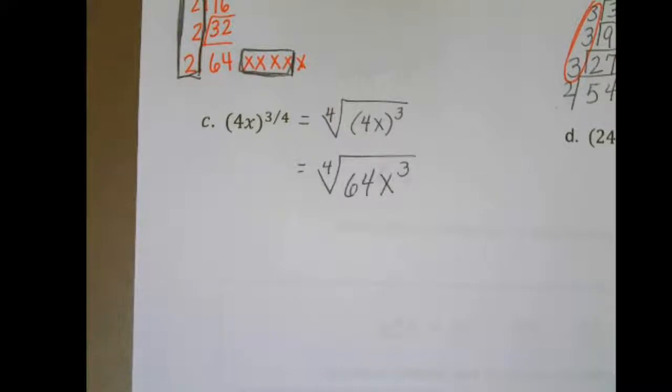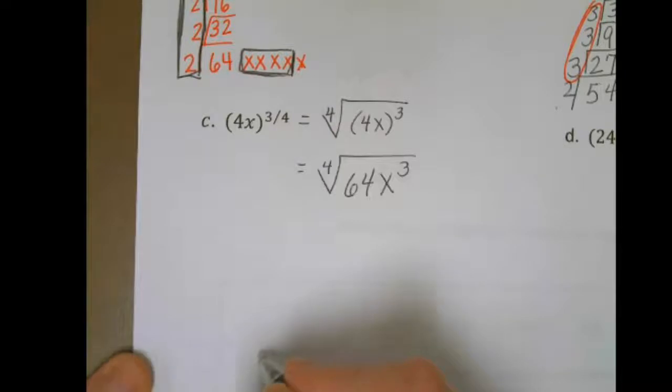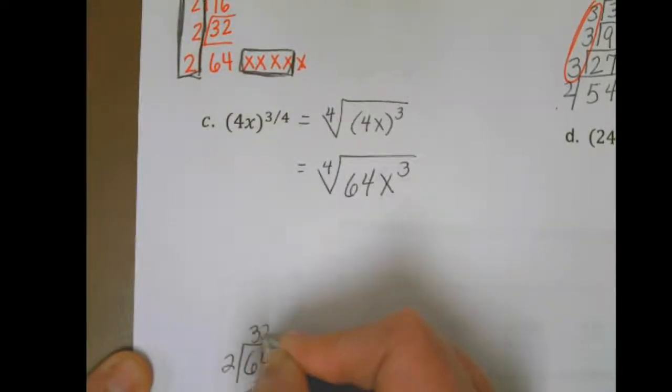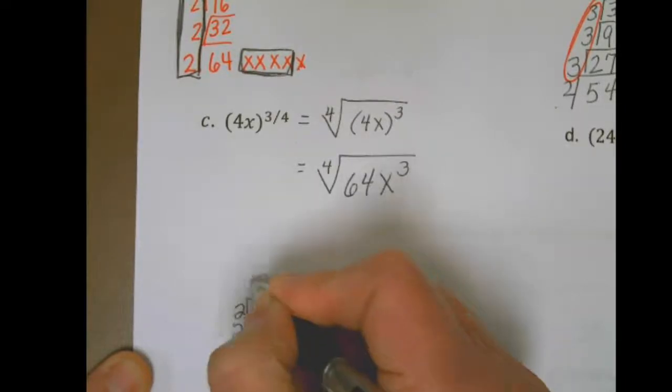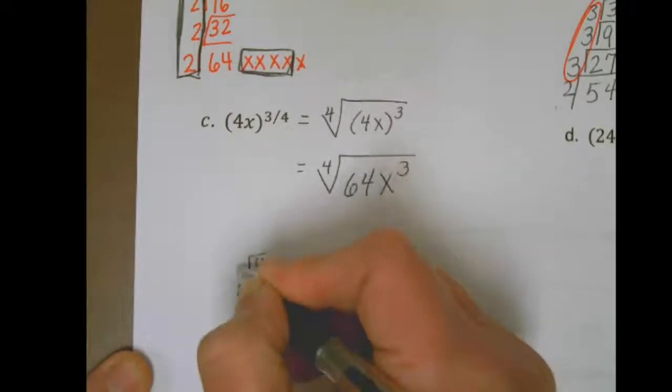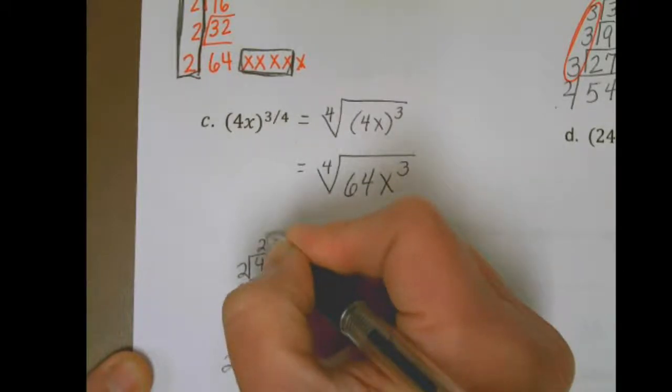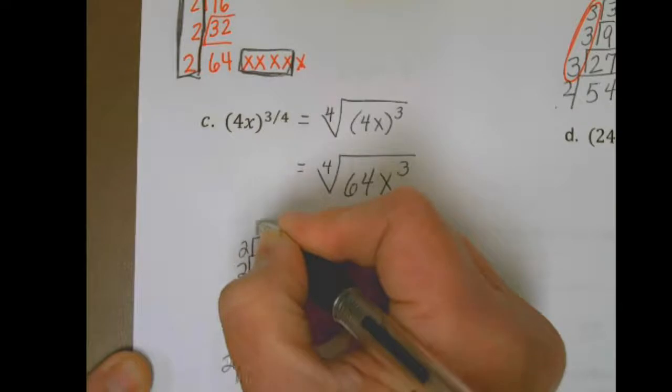That is radical notation, and now I am going to simplify. 16. Divide by 2 as long as you possibly can to make a birthday cake.